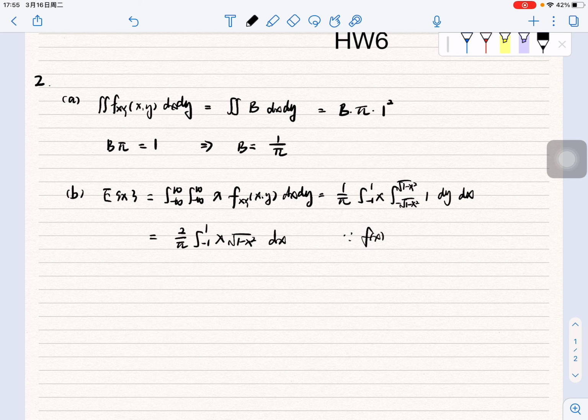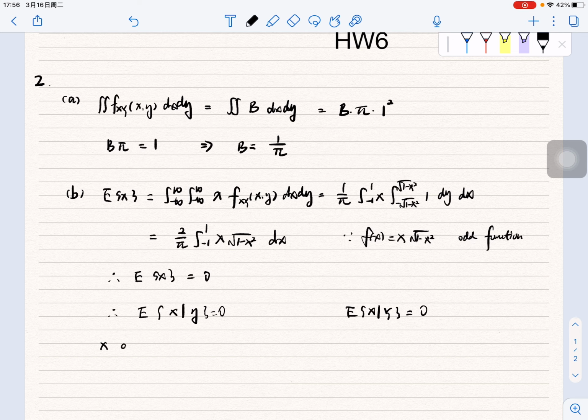We know x multiplied by square root of 1 minus x squared is an odd function. Therefore, the expectation of this equals 0. Therefore, the expectation of X under the condition of Y equals 0, this capital Y equals 0.